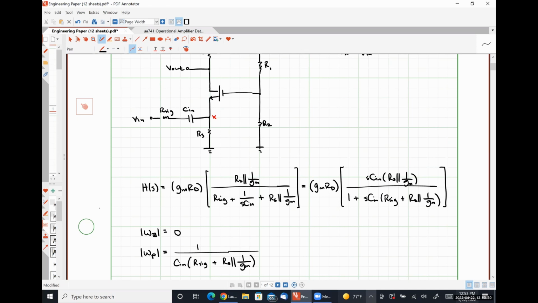Our zero and our pole are contributed only because of the presence of this network right here, okay? So effectively, we have a zero and a pole associated with that input capacitance because of the effect that it has on the transfer function, all right?